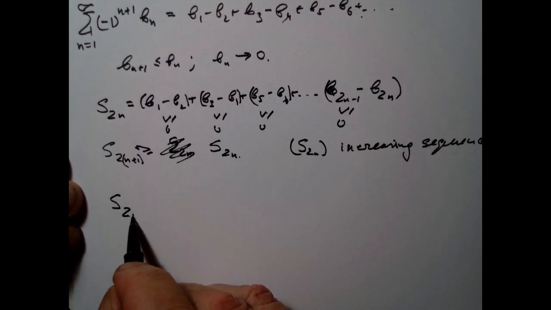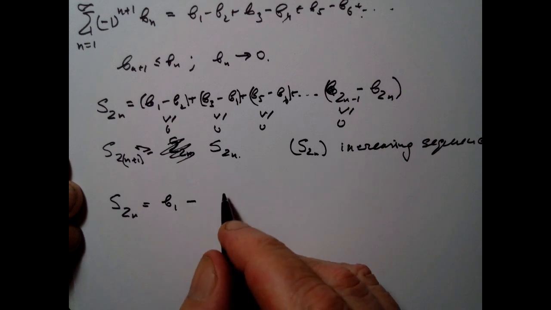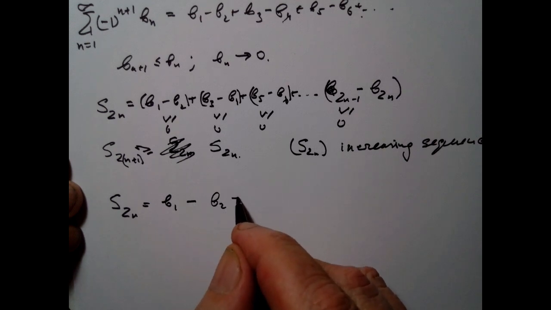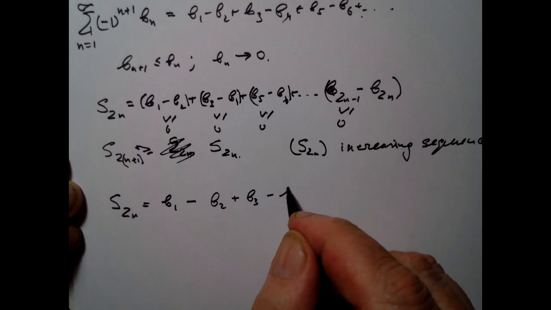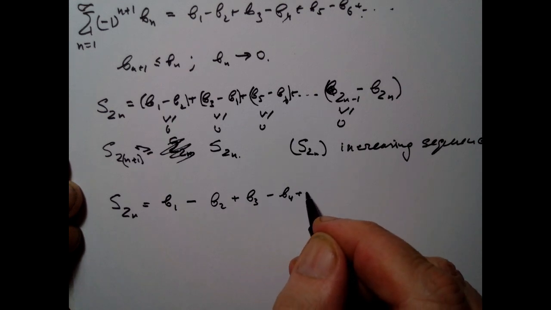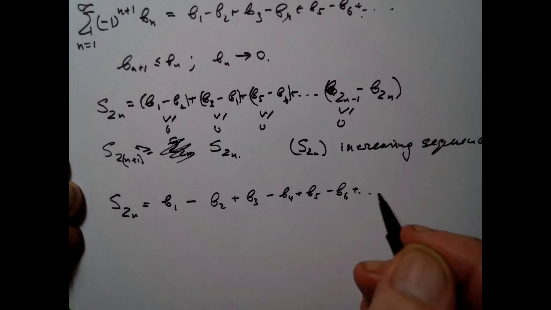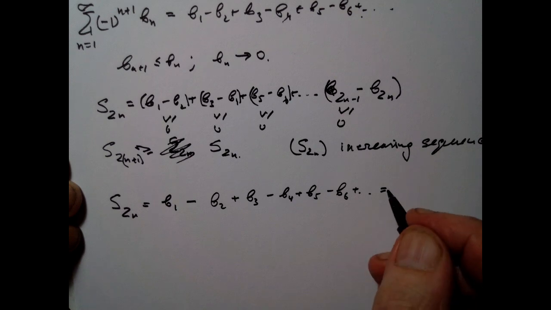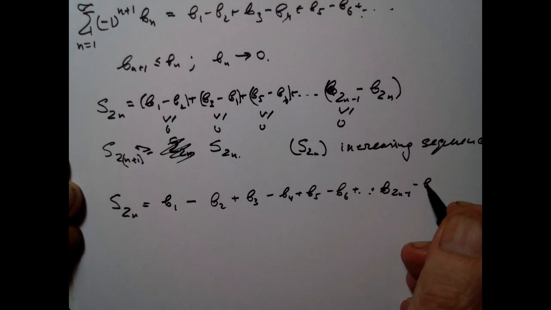So S2n is equal to b1 minus b2 plus b3 minus b4 plus b5 minus b6 plus and so on, and the last term here will be b2n minus 1 minus b2n.